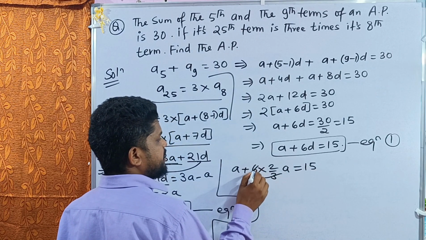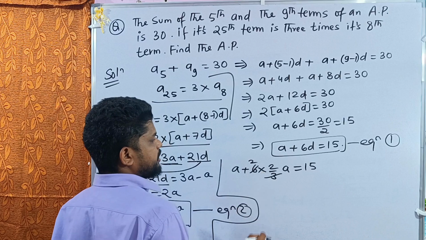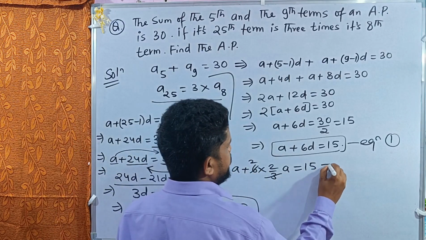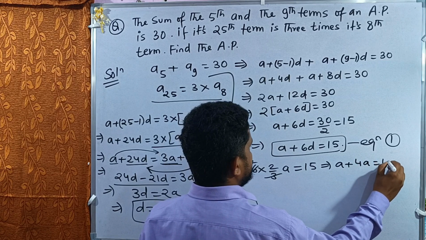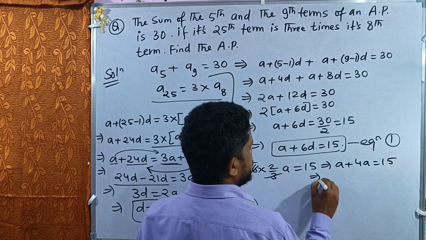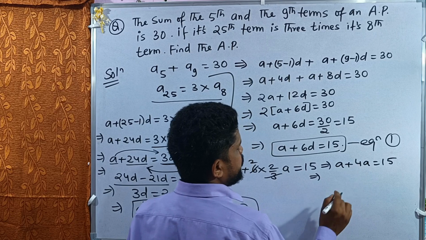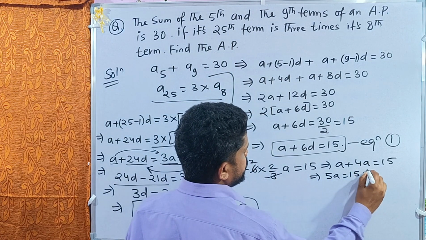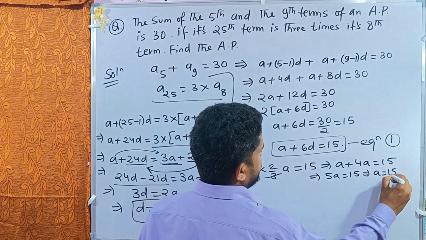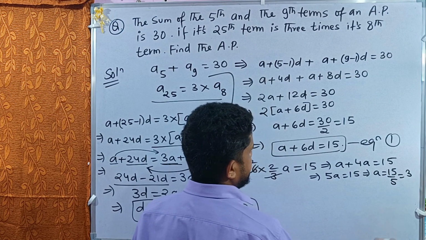Here 3 goes into 6 two times, and 2 into 2 is 4. So we have a plus 4a is equal to 15. This gives 5a is equal to 15, so the value of a is 15 upon 5, which is just 3.